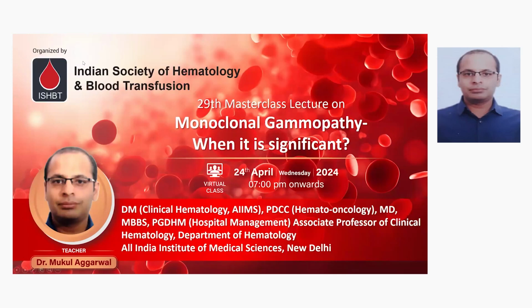If the patients are asymptomatic, you can just observe or maybe do a repeat testing after a couple of months. If the involved light chain is less than 100, the chances of them having any symptoms are less likely. Technically they will be called light chain MGUS, but the chances of progression or otherwise will be very low.